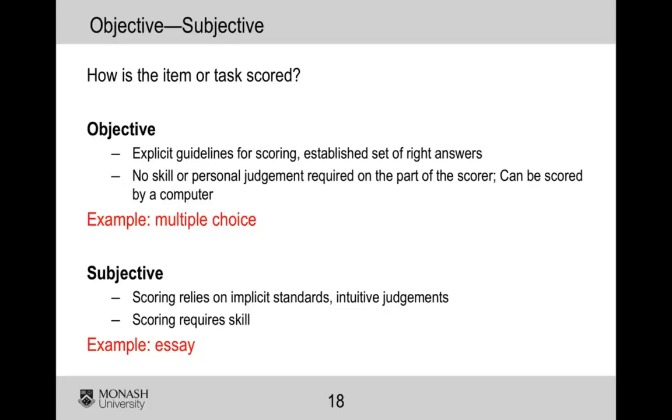Then there are more subjective ways of scoring a task, where scoring relies on implicit standards, so they're not as clear, and it requires some personal judgment and skill. That's something like an essay. For example, in this unit, and it should be most of your units at university, we have moderation.